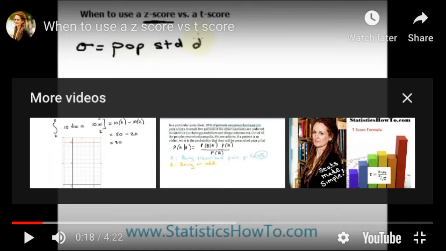No, that's not correct, Wellington. When you know the standard deviation of the population, you can use the z-score. And why is it preferable to use the z-score?